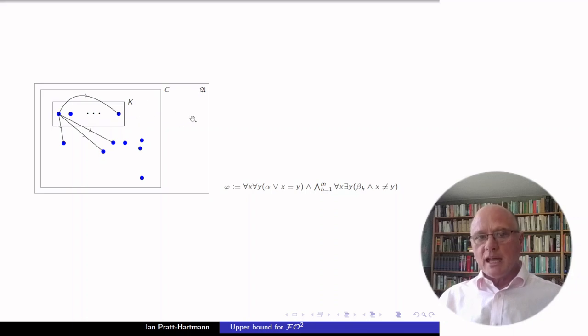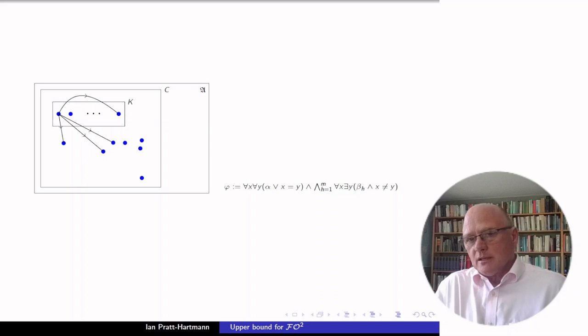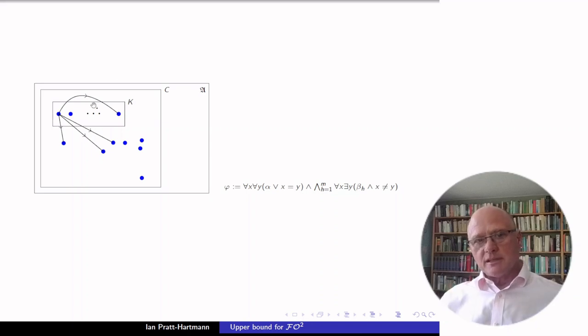This is our court. The model A may contain other elements, perhaps infinitely many. We don't know anything about them, but the bit of A that we care about is the kings and its court. What we're going to do is get rid of all these other elements, which you could call the commoners, and replace them with something else.